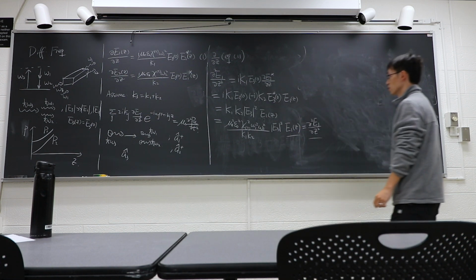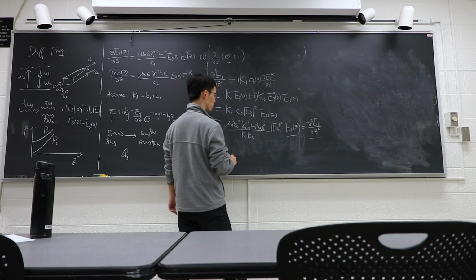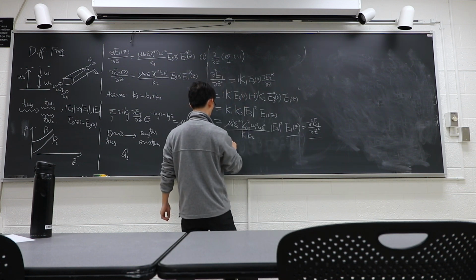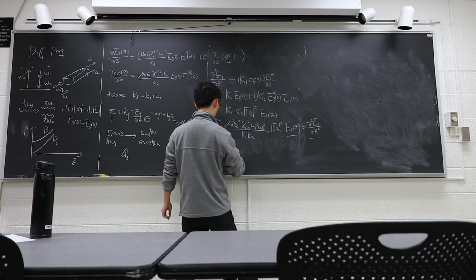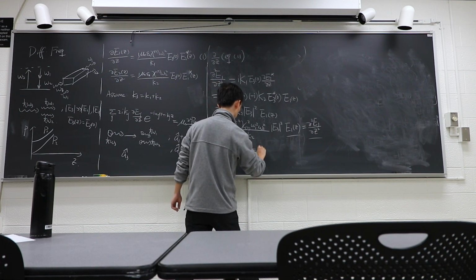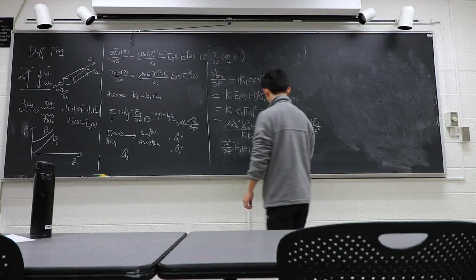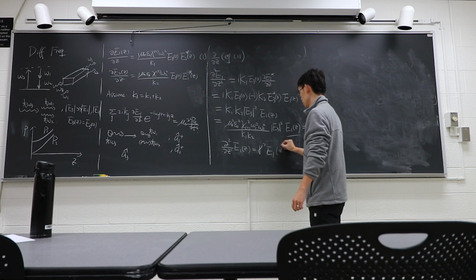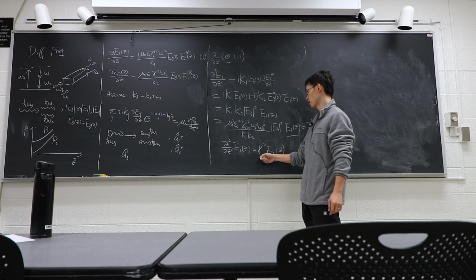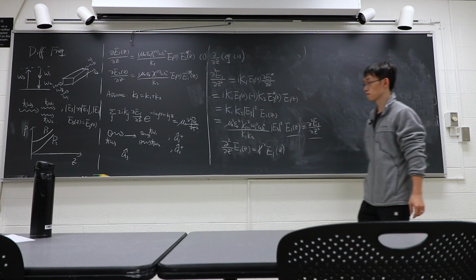Okay, so we can put it as, right. This is a positive number, so we assign gamma square as the coefficient.